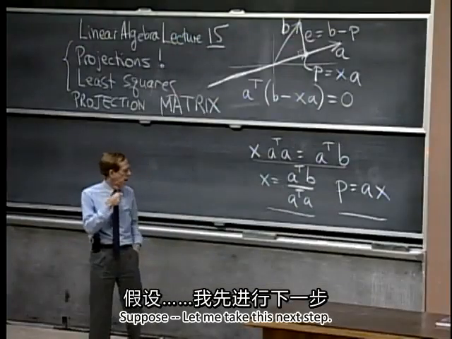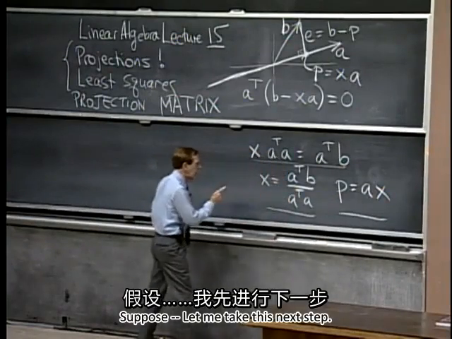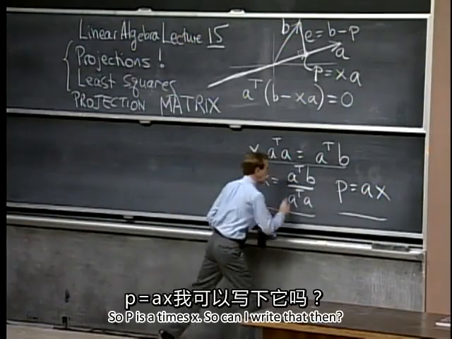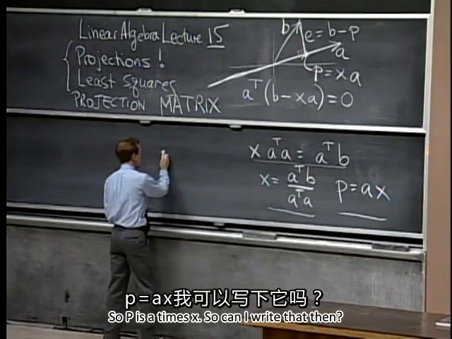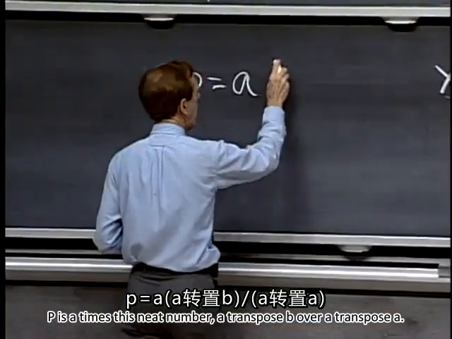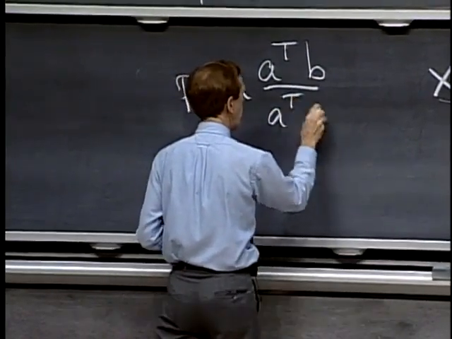Let me take this next step. So P is A times X. So can I write that then? P is A times this neat number, A transpose B over A transpose A.